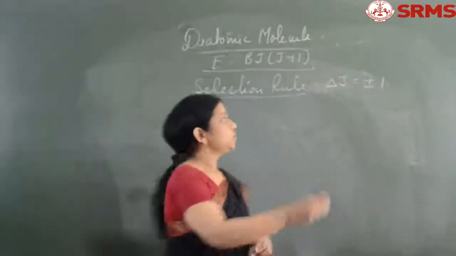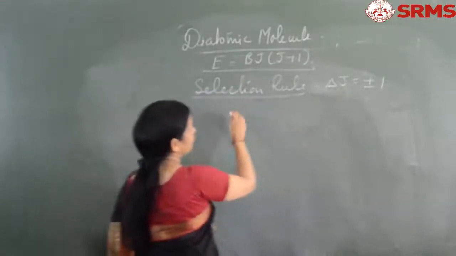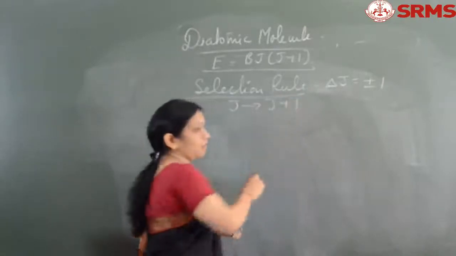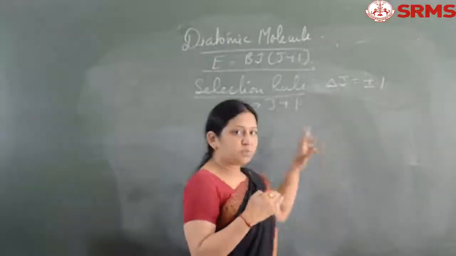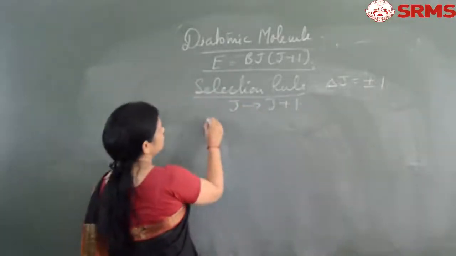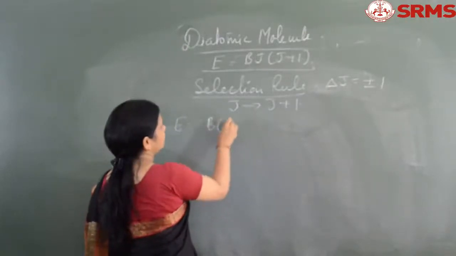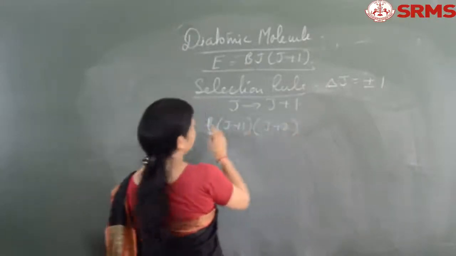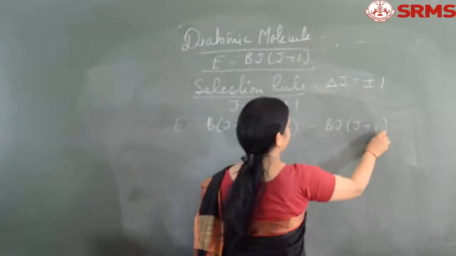Now, I put the value of J as plus minus 1, so the transition is from J to J plus 1. When I write the equation, I write the higher energy level, which is J plus 1, minus the lower energy level. So the energy can be given by B(J+1)(J+2) minus BJ(J+1).